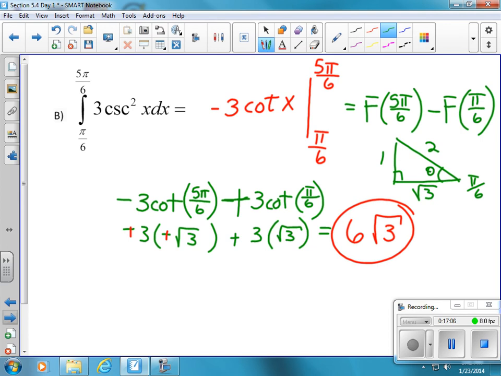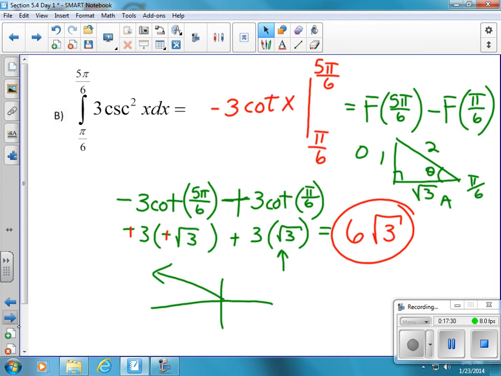For this angle, tangent is opposite over adjacent, so we want adjacent over opposite. Adjacent over opposite is square root of 3. So we know for this one it's positive. 5 pi over 6 is over here in quadrant 2, where tangents and cotangents are negative. These are a few things you should know.